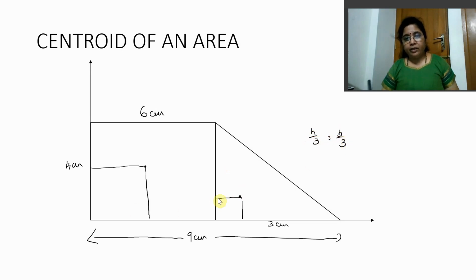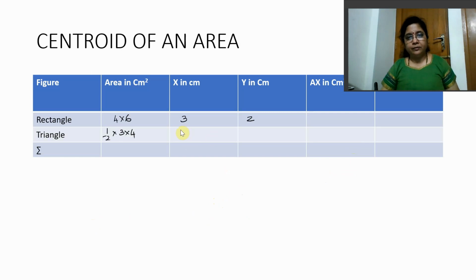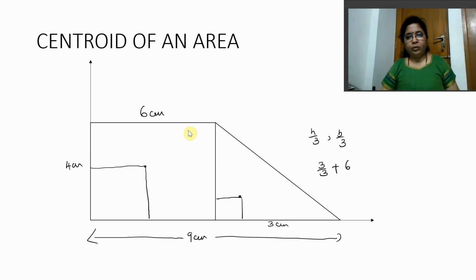Now, if you need to find out the x coordinate, you will have 3 by 3 plus this entire 6. So, what will you have? 6 plus 3 by 3, which is 7. What about the y coordinate? Y coordinate is fine.